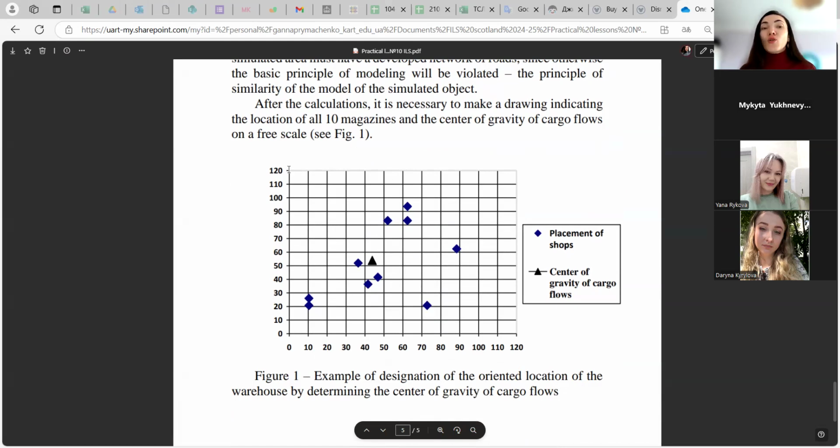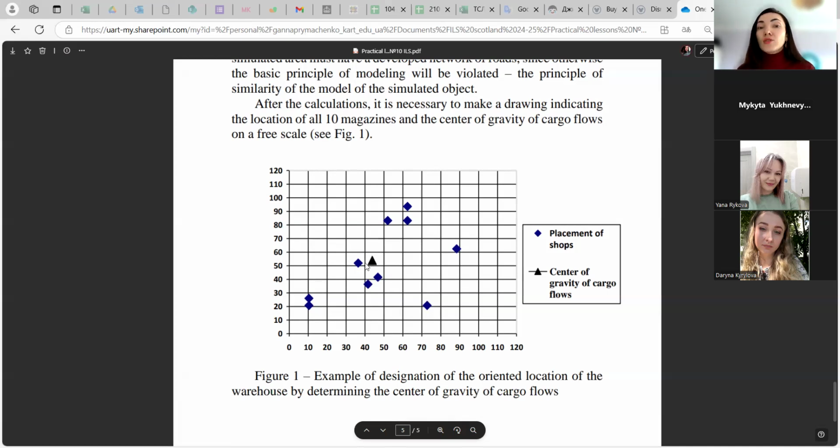We use only positive parts of the area coordinates X and Y, and we can find the placement of shops. For example, in blue color we mark places of shops. It is 10 points. We can use different types of features.